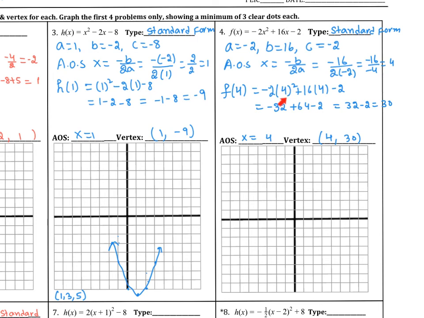So 4 squared is 16 times 2 is 32. 16 times 4 is 64 minus 2, and it's going to give you 30. So 4 comma 30. I'm not going to graph this because my graph is a little bit small, so I'm going to avoid graphing this number 4.